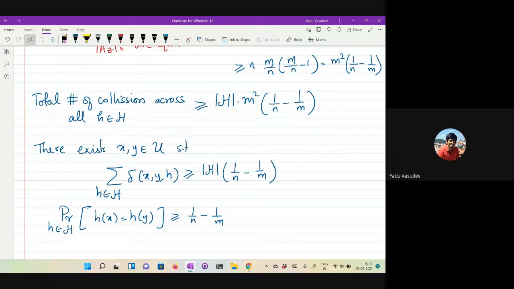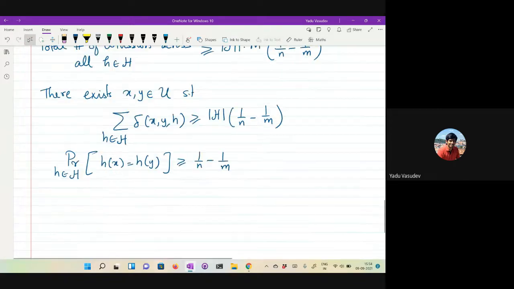Okay. So now let's see what happens if you use two universal functions instead of perfectly random functions.